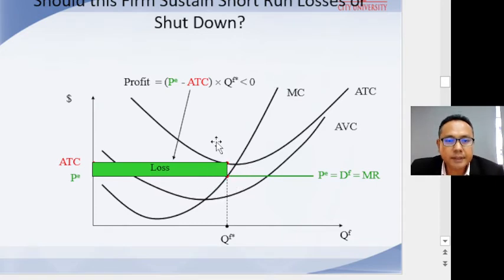So in this situation we must consider whether we have to still run this production or shut down. This is the issue that we will discuss further after this.